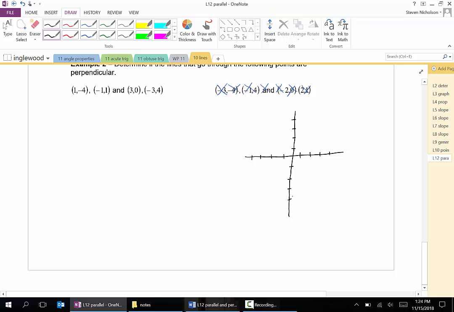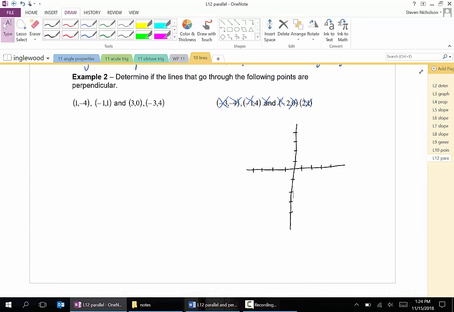So in this one right here, what we're asking is, are the lines that go through these pairs of points perpendicular? So I'm going to do this one in blue and this one in green. So the green one is 3, 0 and negative 3, 4. So there's our green line, and I'm just going to sketch it.